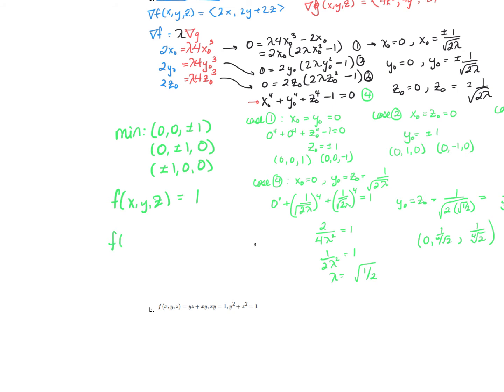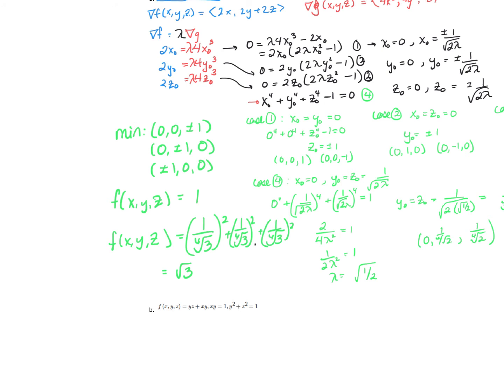And so I have f of x, y, and z happening when I have 1 over the 4th root of 3, the quantity squared, plus 1 over the 4th root of 3, the quantity squared, plus 1 over the 4th root of 3, the quantity squared. And my final answer is going to be the square root of 3. So I found my minimum and I have found my maximum.